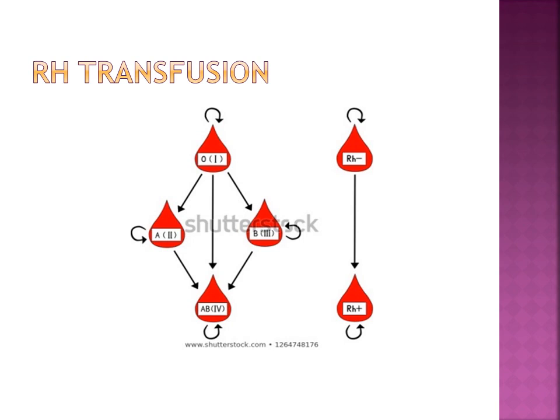For example, for any newly born individual, if we do a blood analysis and he is, for example, B positive, we can say that he has antigen B and antigen Rh, and his serum will have only anti-A against B.